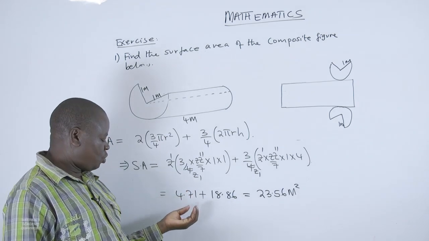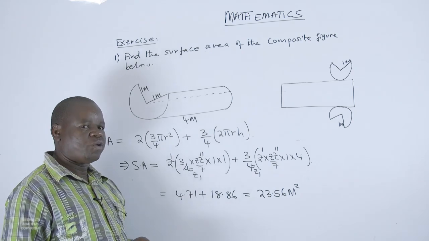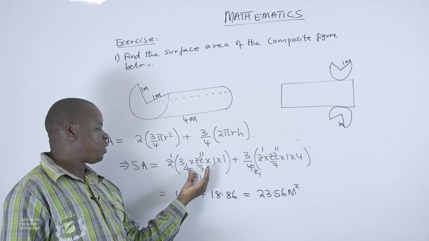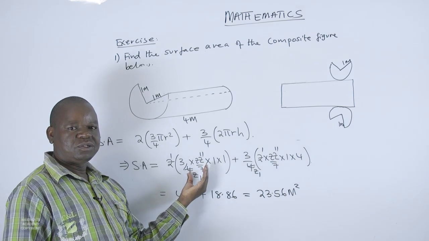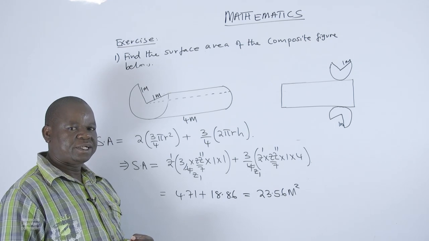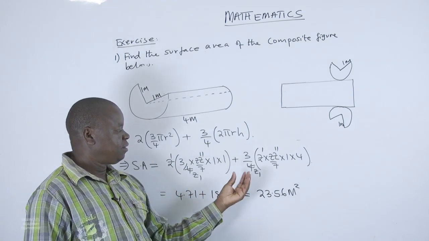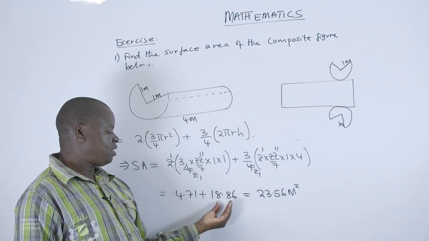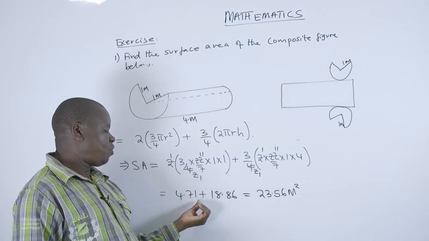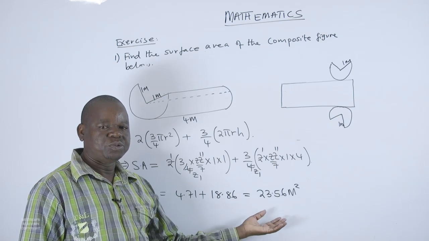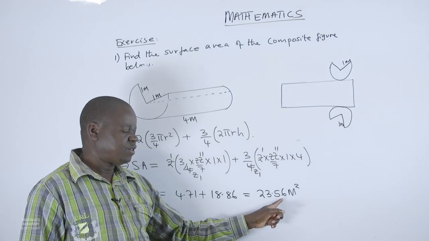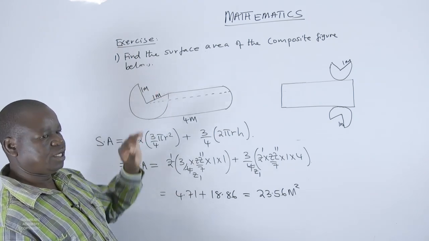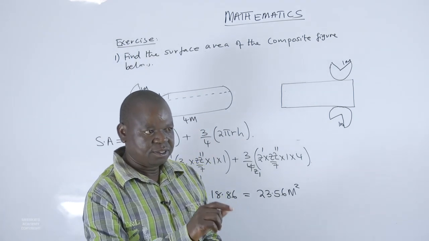Upon simplification, we obtain 4.71. If you use your calculator to simplify the first part, you obtain 4.71 plus simplification by the calculator gives us the second part as 18.86. When you add the two, you obtain 23.56 meters square as the surface area of this particular object.